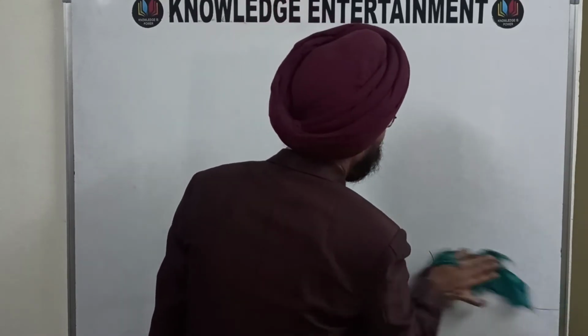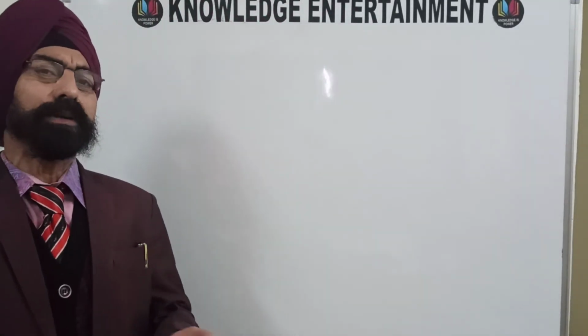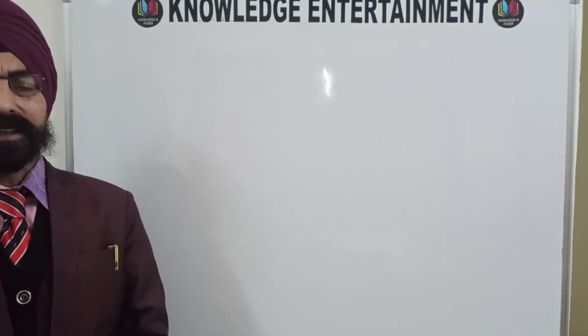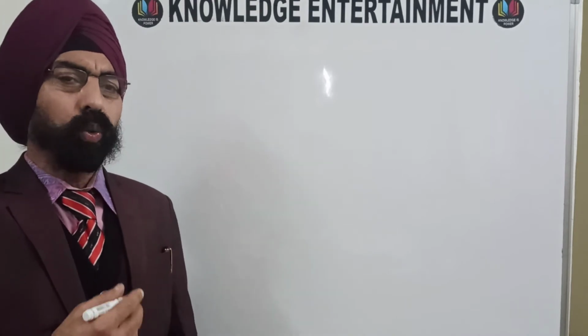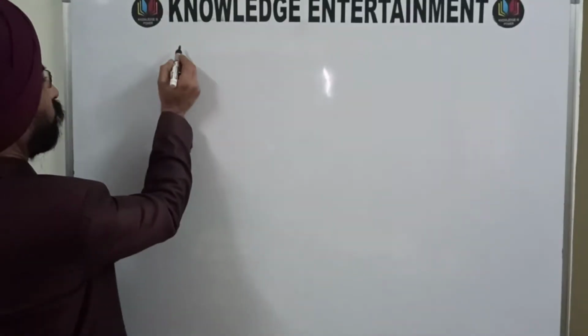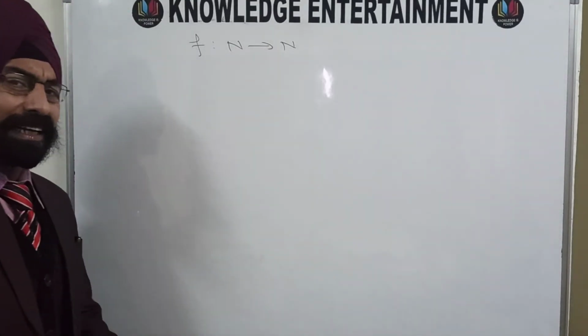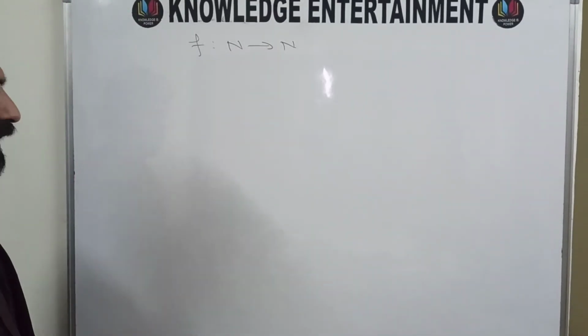Earlier I gave you an example of a net having no cluster point. Now the question is, can there be infinitely many cluster points? Yes, it is possible. How is it possible? Define once again a net f from N to N, and this time you define the net in a different way.